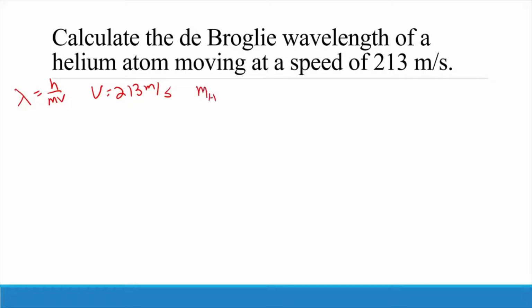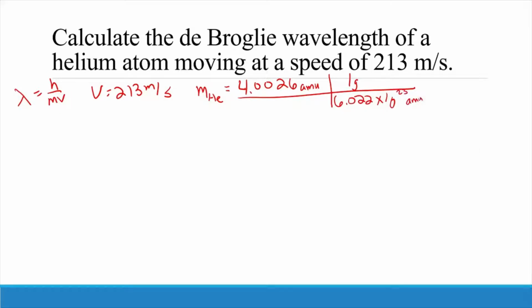So the mass of a helium atom, if you go to the periodic table and look at helium, is 4.0026. We could say grams per mole, but this is actually AMU, the atomic mass unit, which we talked about before. There is a way to convert AMUs to grams or kilograms: 1 gram is equal to 6.022 times 10 to the 23rd AMU.